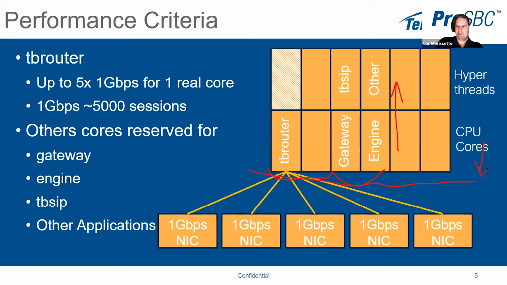So having a lot of CPU cores will allow you to have more network interfaces, but fewer calls per second, because the CPU speed on larger systems which have more cores is lower.